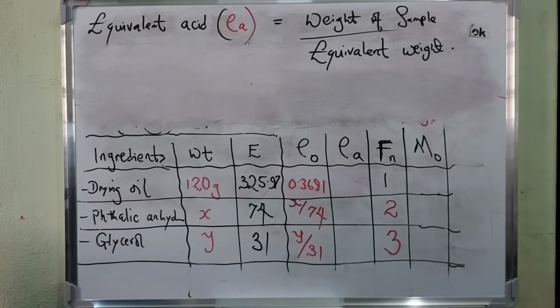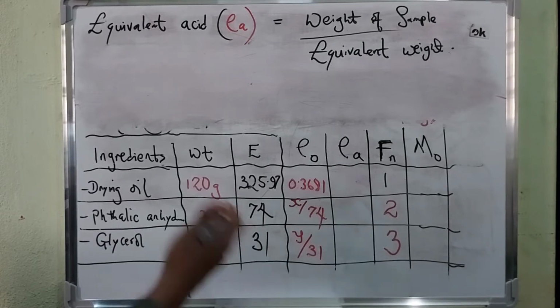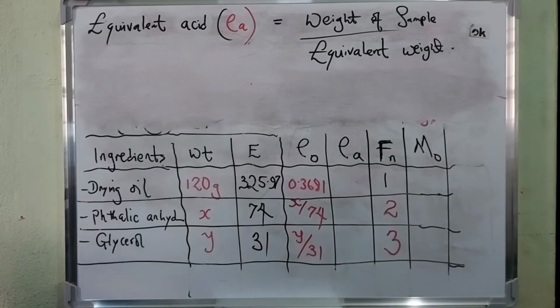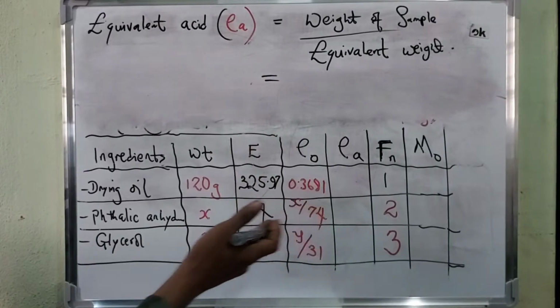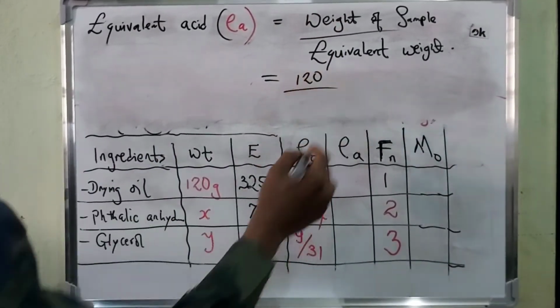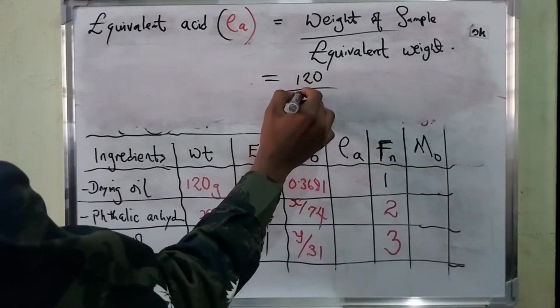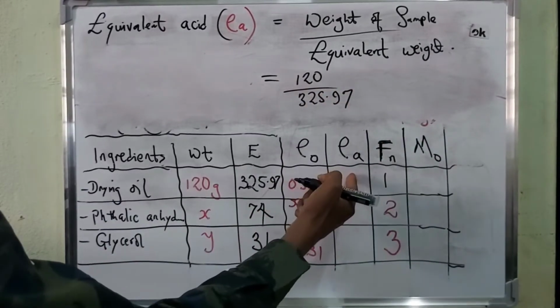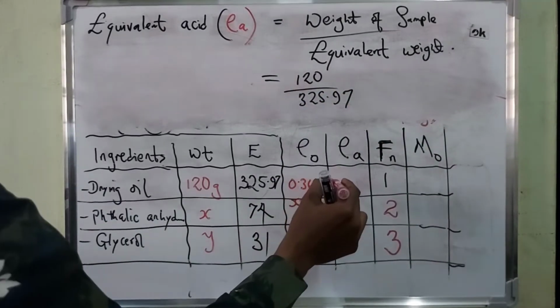Drying oils are triglycerides. Triglycerides are esters. Esters are composed of a triol, an alcohol, and a fatty acid. So definitely our drying oil contains some level of acid in it. So we apply the same formula, weight of sample 120 divided by equivalent weight, which is 325.97.